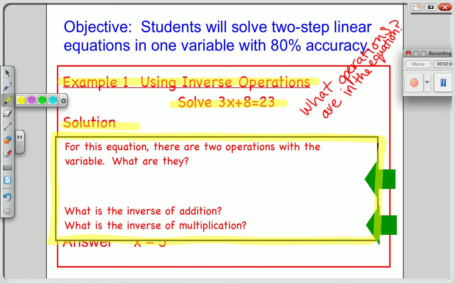And then answer the question under it. Okay? So what operations are in the equation? That's what I'm asking you.